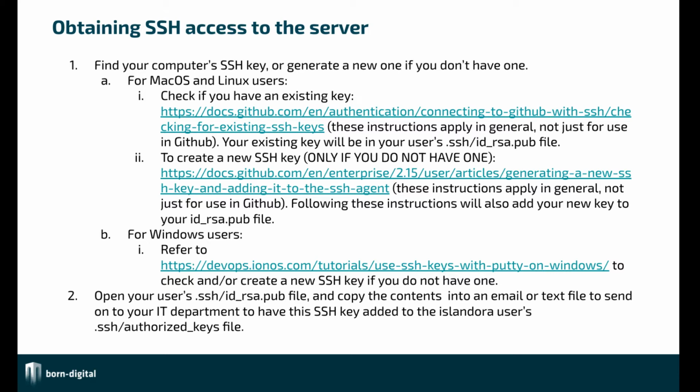For Windows users, refer to the link here in 1BI to check or create a new SSH key if you do not have one. Then, open your user's .ssh/id_rsa.pub file and copy the contents into an email or text file to send on to your IT department to have this SSH key added to the Islandora user's SSH authorized keys file.